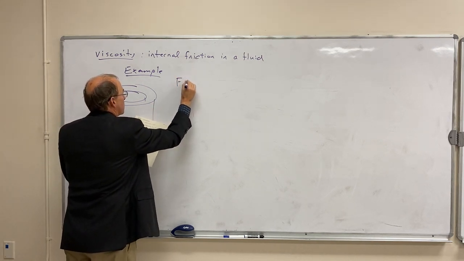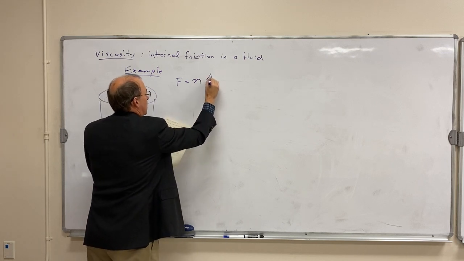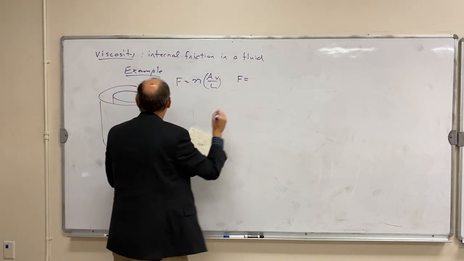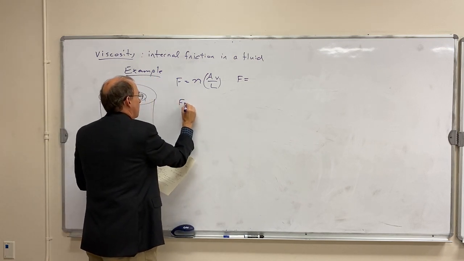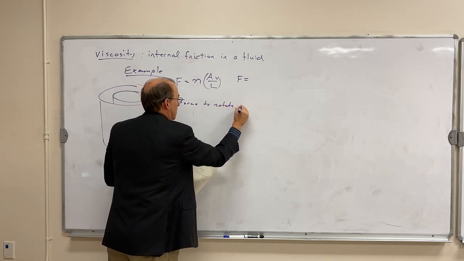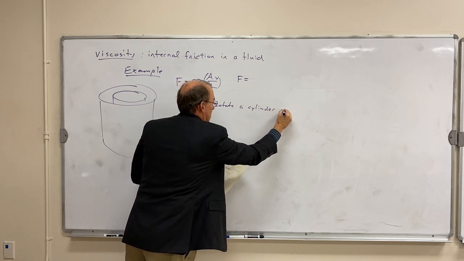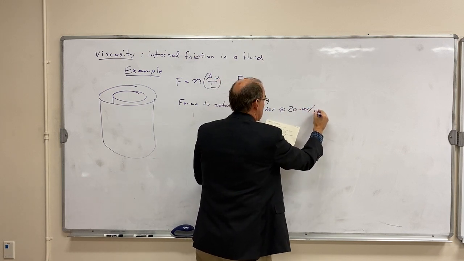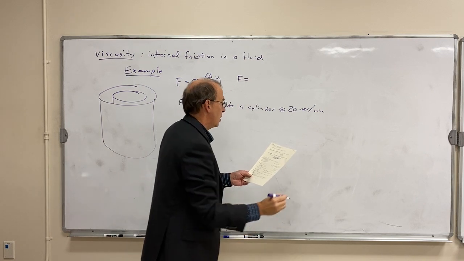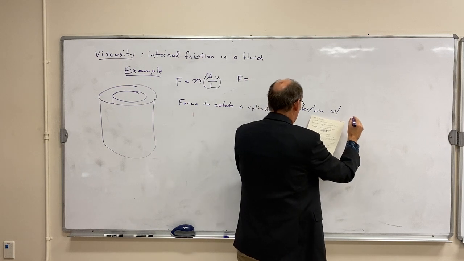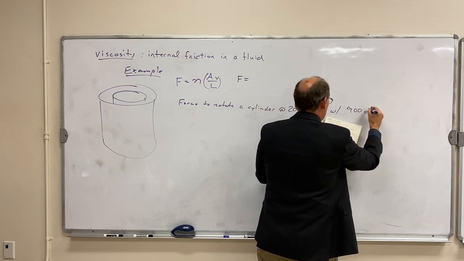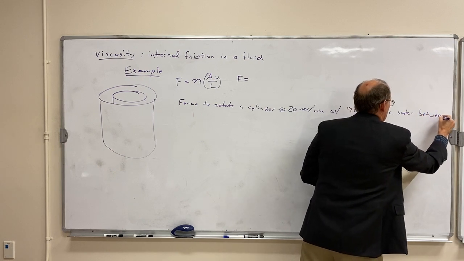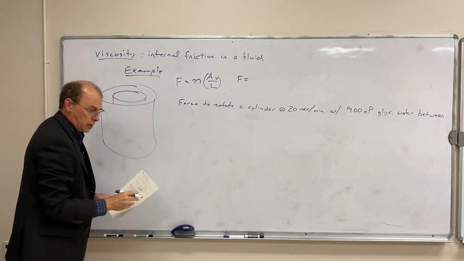Our equation says force is eta A V over L. And my question is, what force is needed to rotate a cylinder like this at, let me pick, 20 revolutions per minute, RPM, with 900 centipoise glycerol water solution between the cylinders.